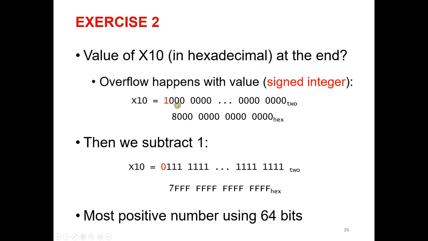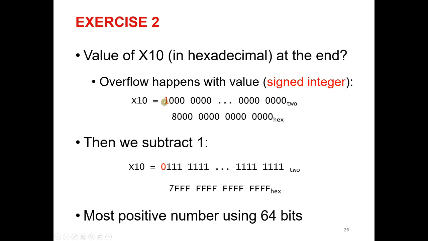So the overflow will happen when we pass the most positive number using 64 bits. When we pass this number, 7fff all f's, and add 1 to it, we will get 1 and all zeros, and this result is not correct because the number is negative, and if we are adding 1, we can only get positive numbers.